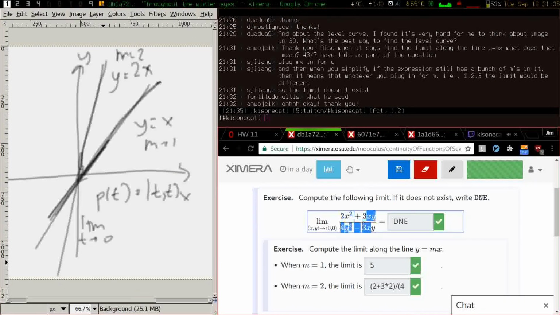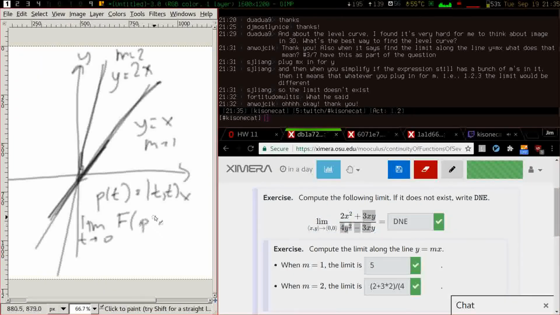Let's call this quantity big F of p of t. And that would be the limit of 2t squared plus 3t squared divided by 4t squared minus 3t squared.